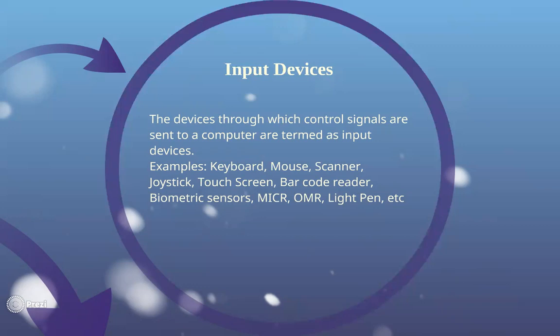Scanner is the one which converts a hard copy to a soft copy. Now, what is a hard copy? Hard copy is anything which is in your hand, which you can touch, like a sheet of paper, any document you have in your hand, or your photograph. Now, what does a scanner do? It converts it into a soft copy.